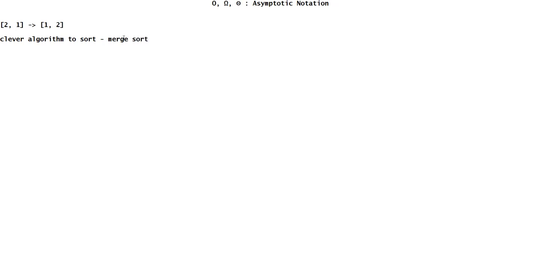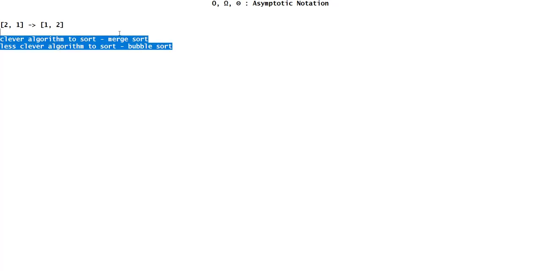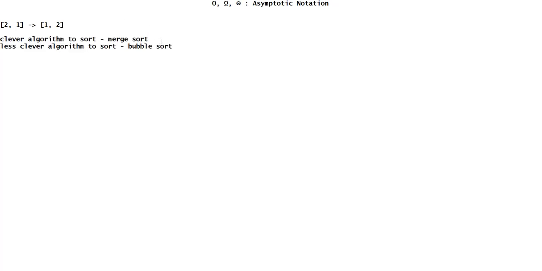Let's say we use a clever algorithm to sort this list of two elements, called merge sort, which is much more clever than this other one, a less clever algorithm to sort it, which is bubble sort. All right, so we have these two algorithms. Now we sort it using merge sort and we get 1, 2. We sort it using bubble sort and we also get 1, 2.